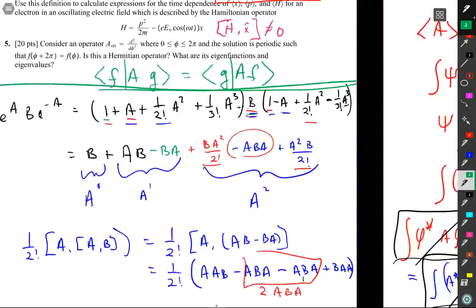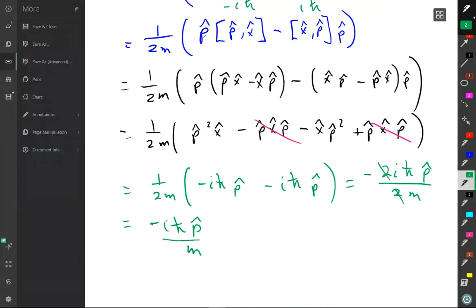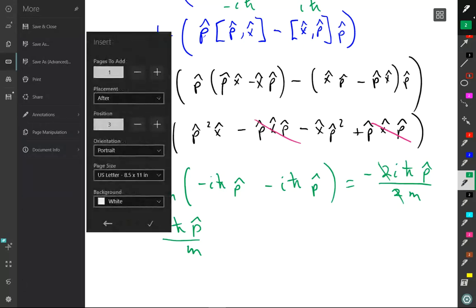So now, insert yet another page. Oh, heck, let's make two. That way we'll have an extra maybe. So I want to find the eigenfunctions of this operator.